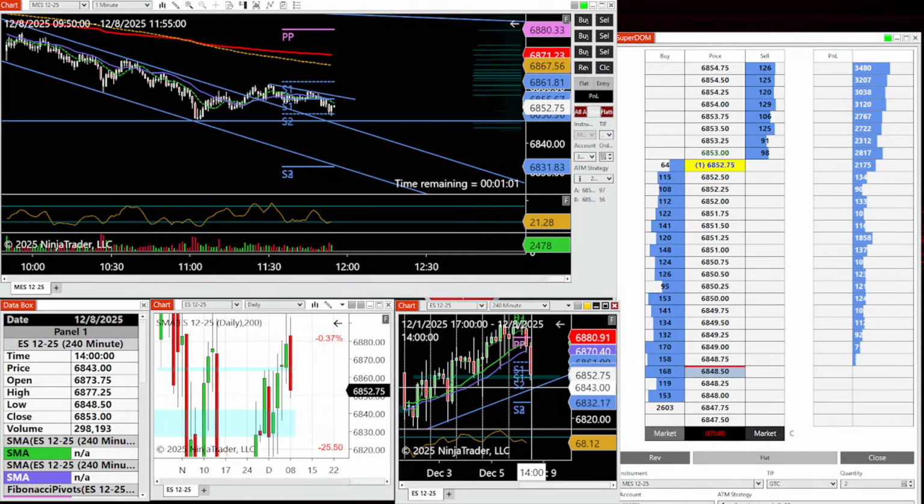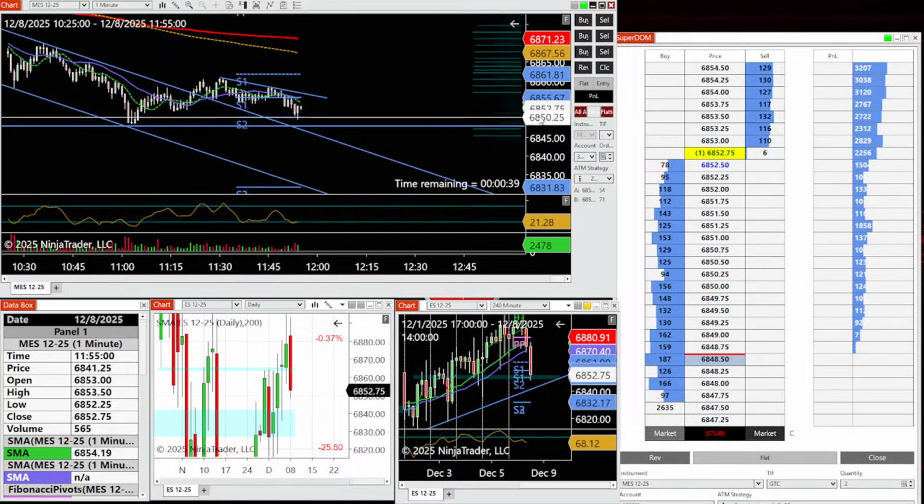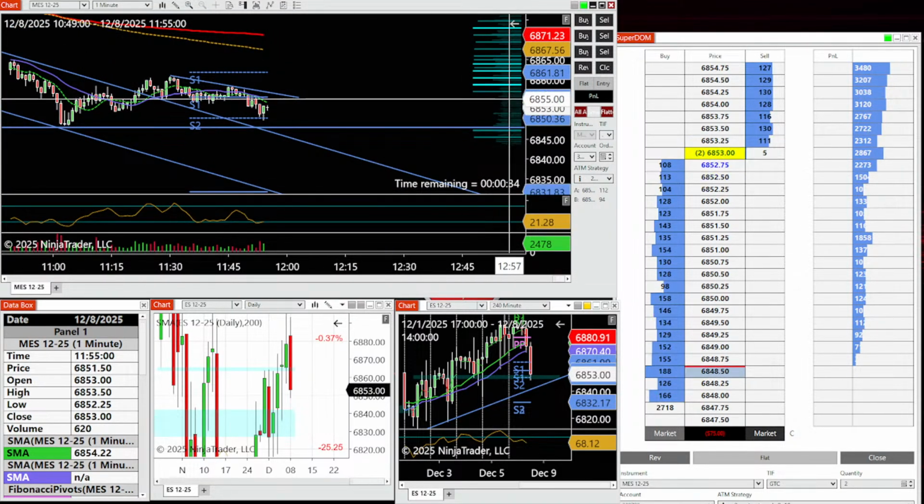If we get there today, we're looking at the 40, possibly 40. And if not, then we don't get it.